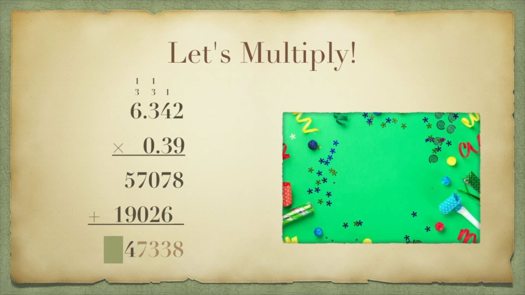Now, let us count how many decimal places there are in the multiplier and multiplicand. So, we have 3, 4, 2, 3, 9. So, we have 5 decimal places, or 5 places after the decimal points in both factors. So, 5. Now, let us count 5 places in the product starting from the right.